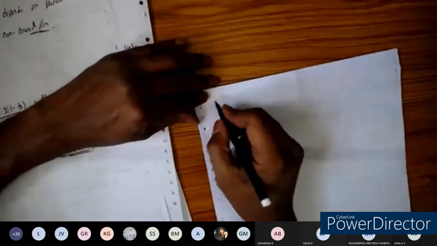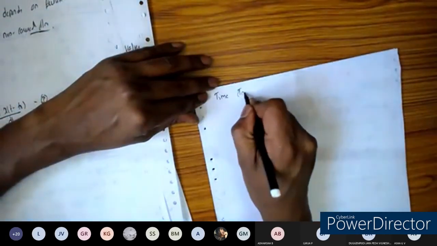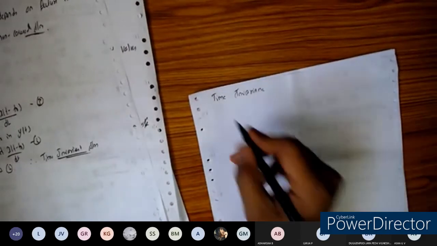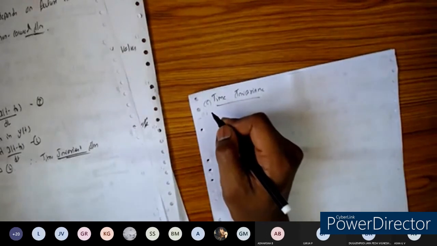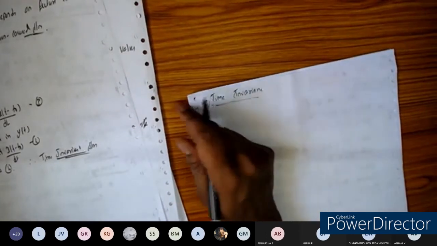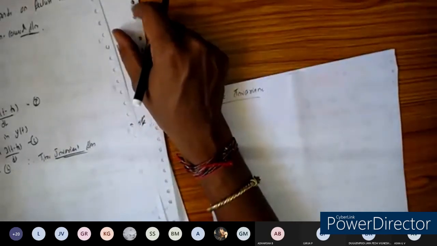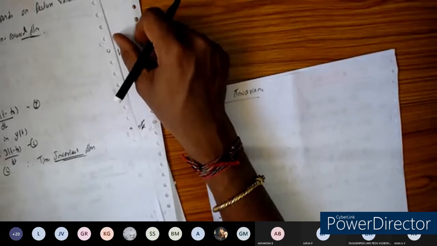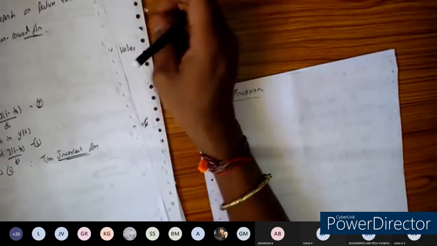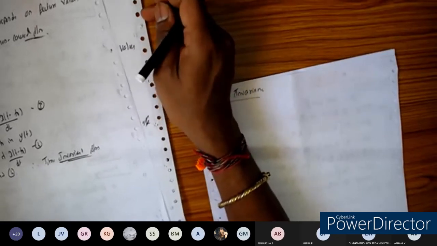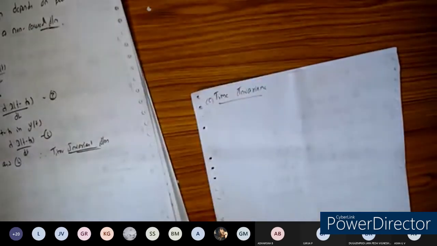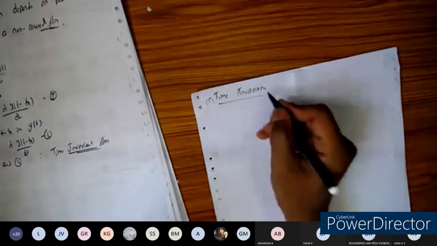So let us go for finding the time invariance property. Check this one. Time invariance.